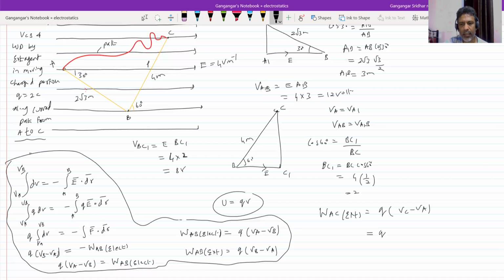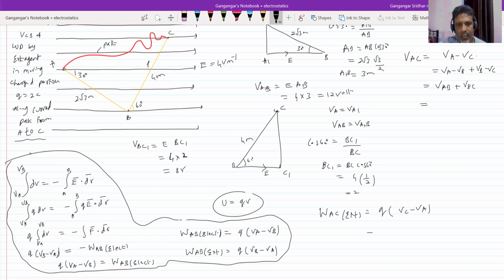From that, we'll get the VAC. How to calculate VAC? Can we write it as VA minus VB plus VB minus VC? So VA minus VB is VBA, and this is VBC.